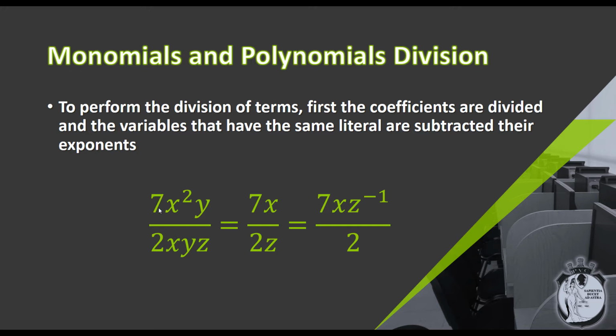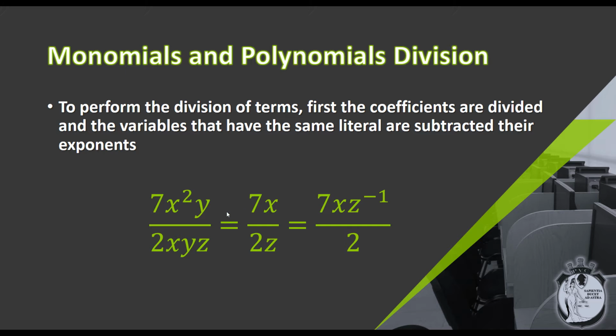You divide first the coefficients, but if you check here, it's not an exact division, so you only pass the division. Now the variables, x squared divided by x, you need to subtract the exponents: 2 less 1 is equal to x to the 1.